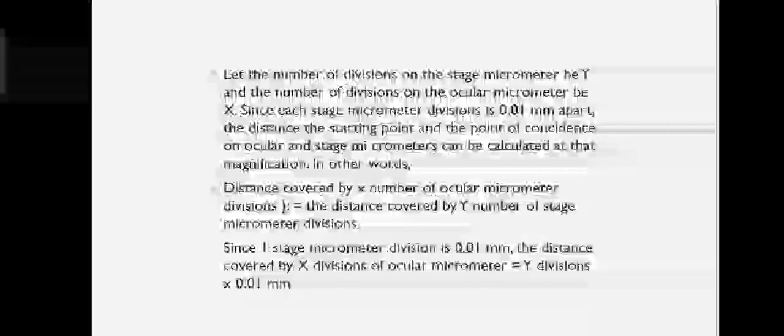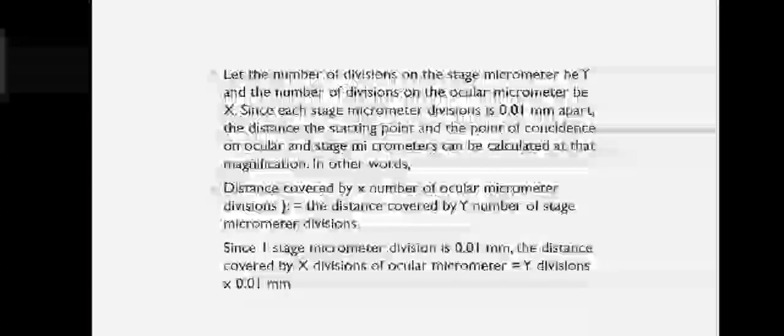Let the number of divisions on the stage micrometer be y and the number of divisions on the ocular micrometer be x. Since each stage micrometer division is 0.01 mm apart, the distance between the starting point and the point of coincidence on the ocular and stage micrometer can be calculated at that magnification.